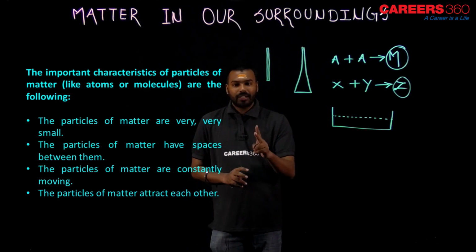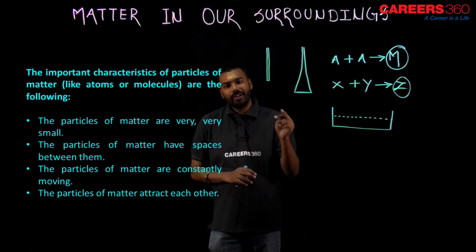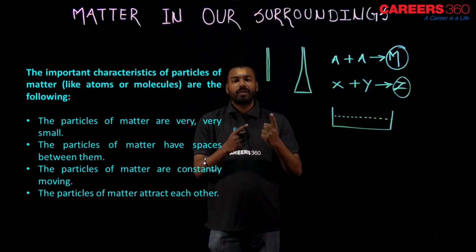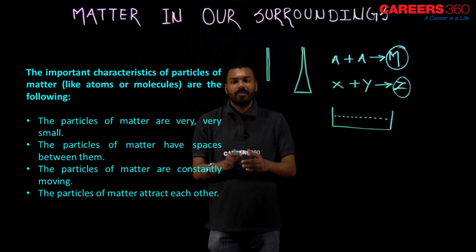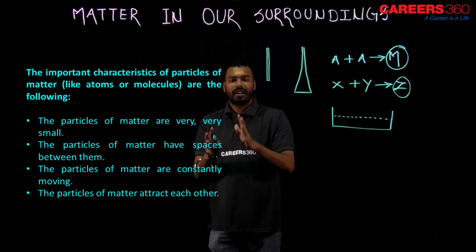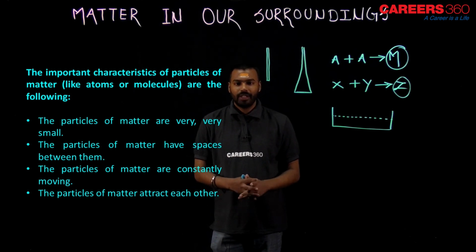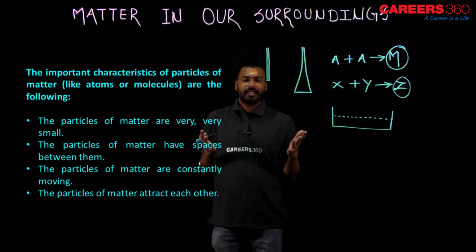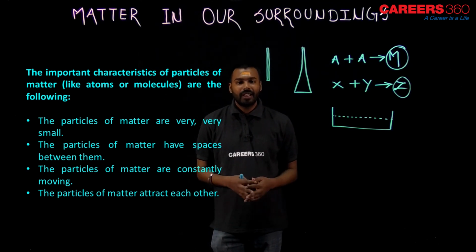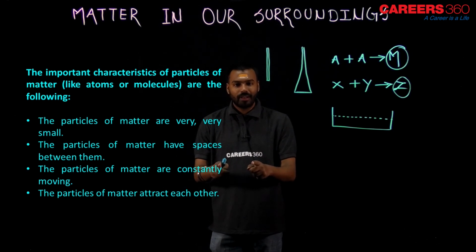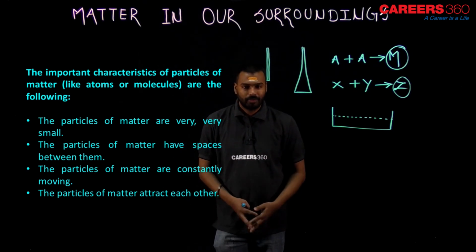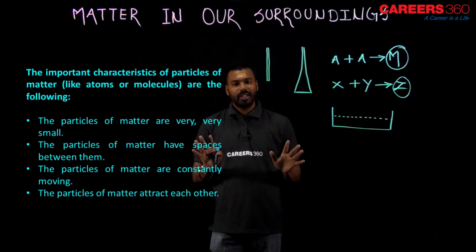It is not necessary that two bodies always attract. Sometimes attraction and repulsion both take place, where the repulsion force is more than the attraction force. If you are not able to observe that they are attracting, it does not mean the attraction force is not there. It means the attraction force is less and the repulsion force is more. But yes, all bodies attract each other.